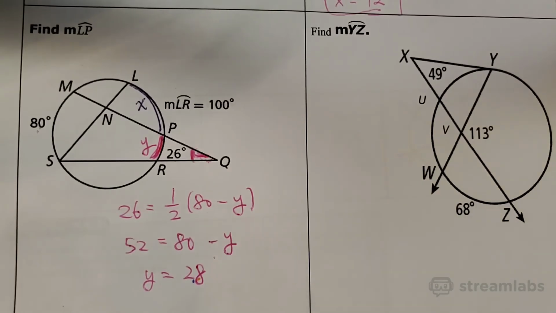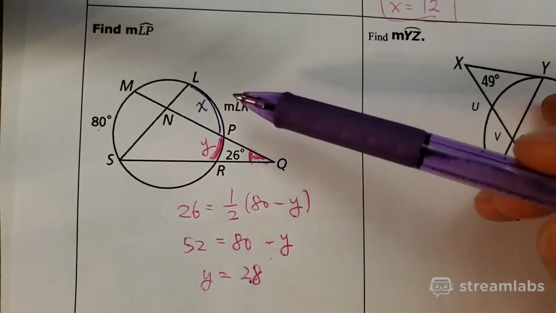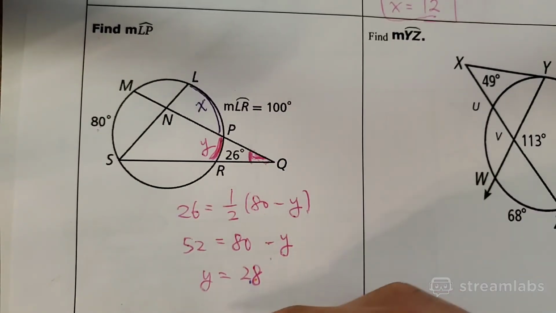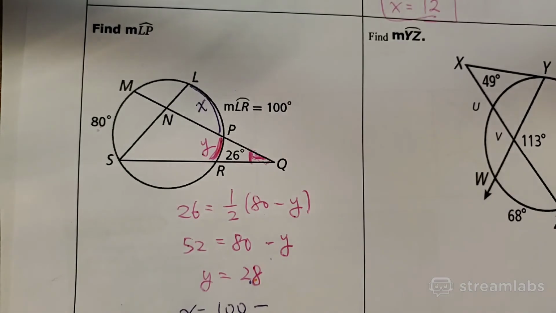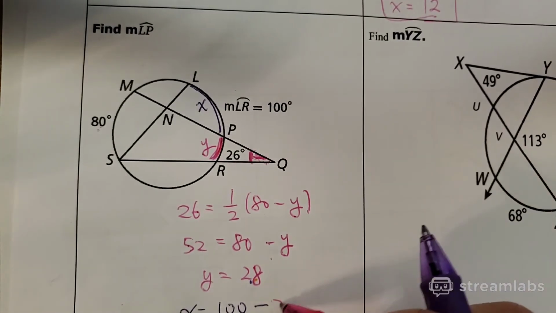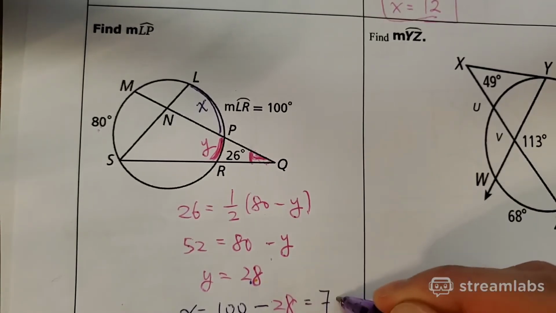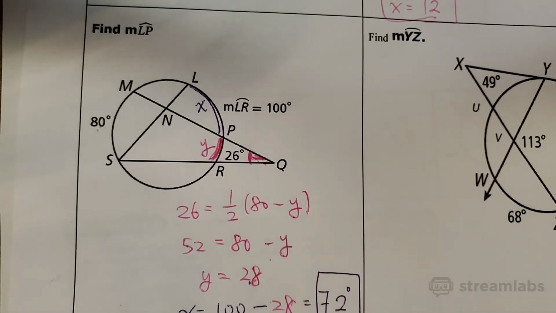So, yeah, so then you subtract Y from 100. So X is 100 minus 28, which is 72 degrees. Okay.